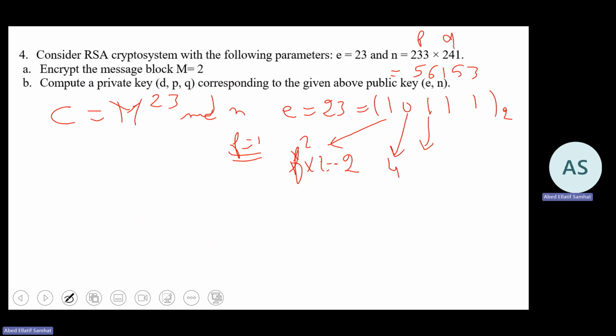Here, because it's 1, it will be f squared times 2. So 4 squared times 2, 16 times 2, it will be 32. Because it's 1, we should multiply by 2. So 32 squared is 1,024, times 2, it will be 2,048. And the last one will be 2,048 squared times 2.